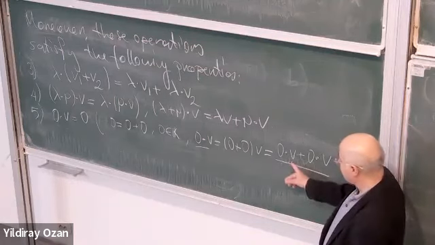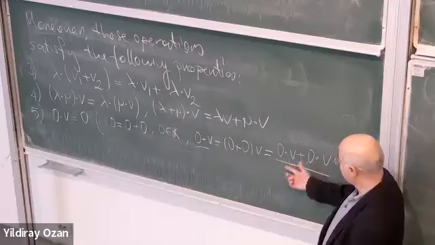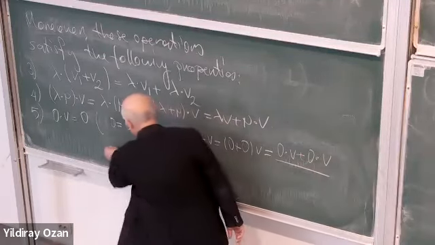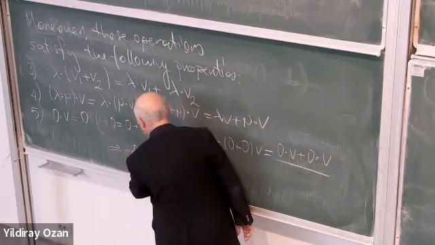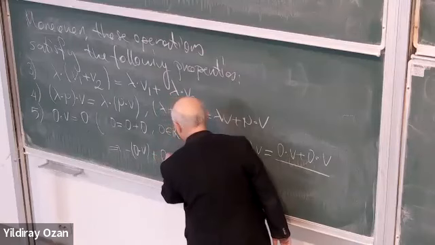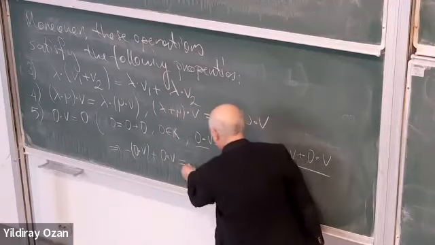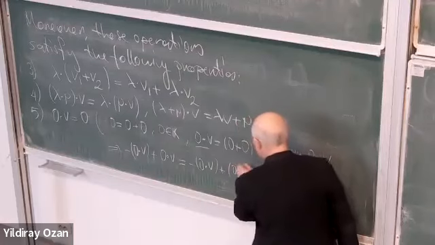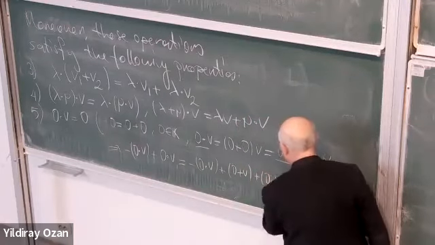So I can just add the inverse of 0 times B to both sides. Therefore, I can write the following: the inverse of 0 times B plus 0 times B is equal to the inverse of 0 times B plus 0 times B plus 0 times B.